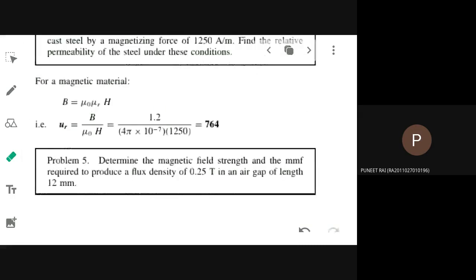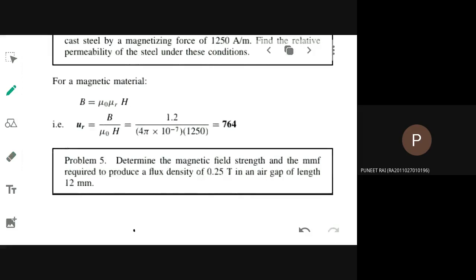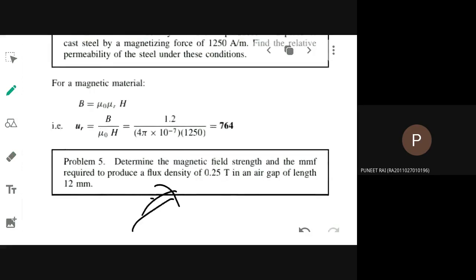Then problem number 5 also is solved. You have to determine the magnetic field strength H and the MMF to produce B. B is given as 0.25 T and the air gap length they have given is 12 mm.